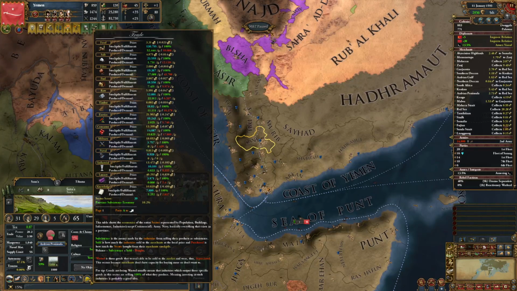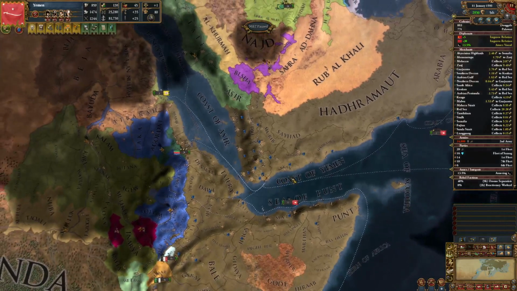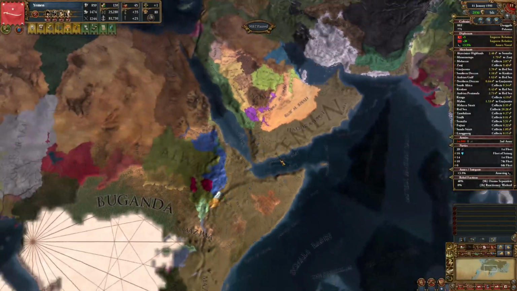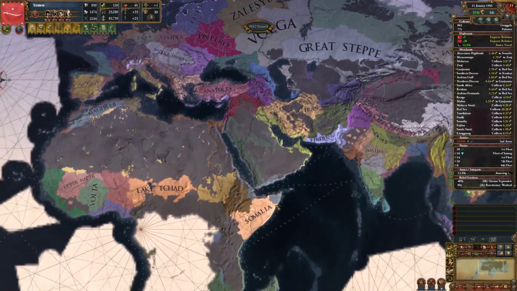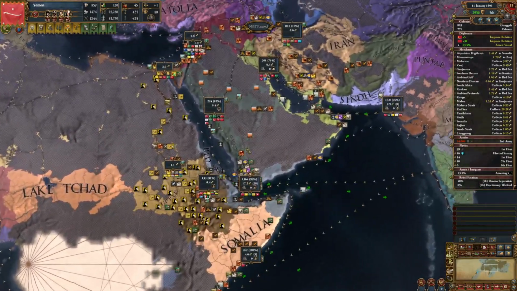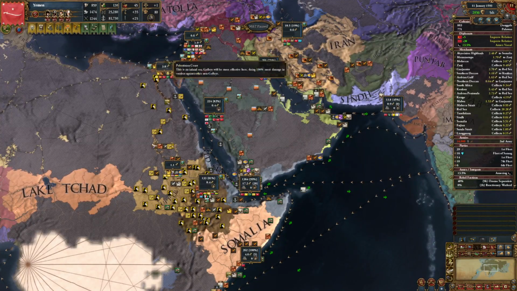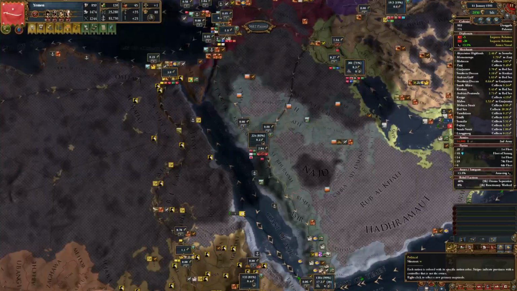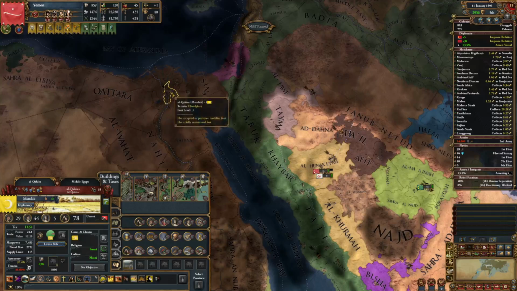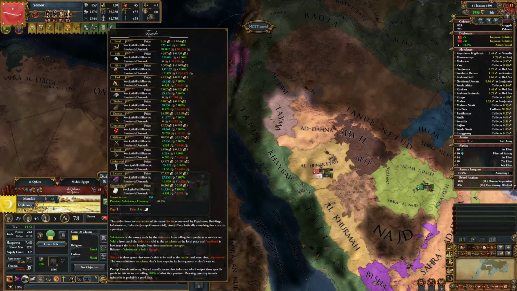What you want to keep an eye on is basically that your industries can produce at a profit, which also means that you maybe need to open up new markets. For example, here in Yemen, we always have a shortage of food, which we can get from Egypt here. So we could check, for example, the prices of food here in Egypt and Cairo.